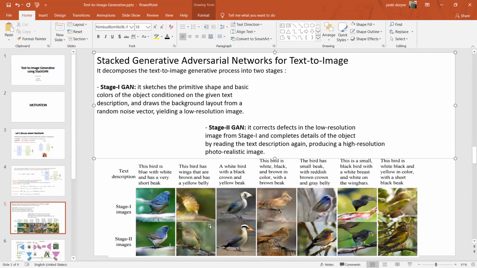You can see the stage 1 image and the stage 2 image. In this example, the bird is blue and white and has a very short beak. In stage 1 the image is not that sharp, but in stage 2 it is pretty good, a good quality generation.